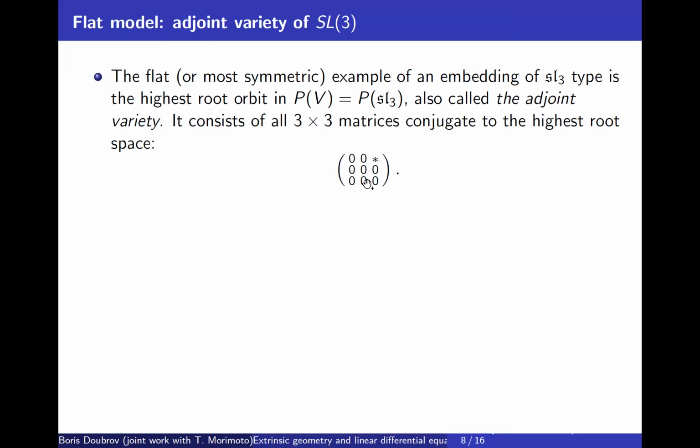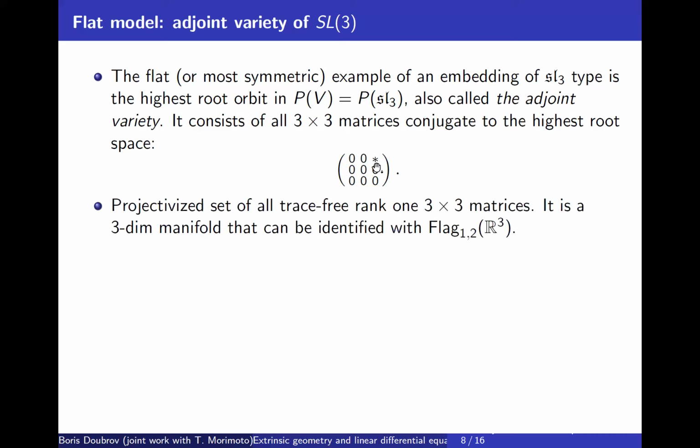So what is the space of all matrices conjugate to this one? We view them in the projectivization of sl3, so up to multiplication as well. We of course end up with the set of all trace-free rank 1 3x3 matrices.